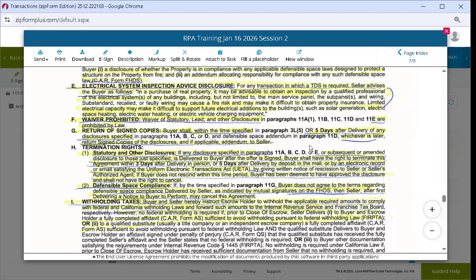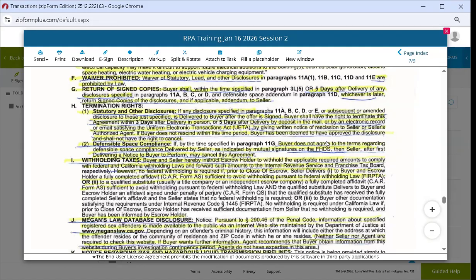So if you're late, let's say you delivered them on the 15th day of a 17-day contingency, you've given them 3 extra days, because once you deliver, they have 5 days to review them. That's why I recommend that if you can't get it at the listing because it's too much, go out and get them within 2 days after, so that you have all of your disclosures ready and you're not giving extra contingency days.